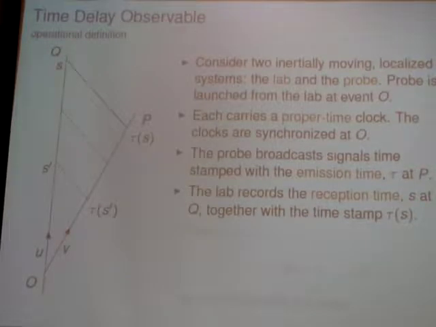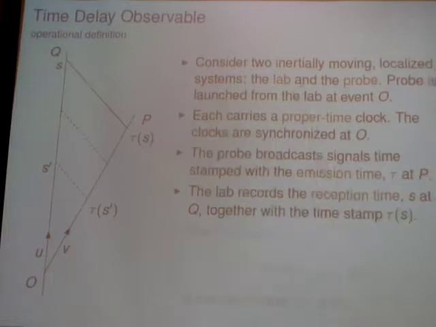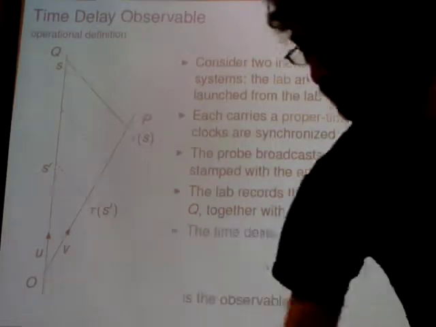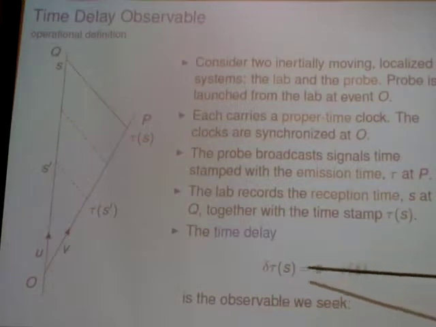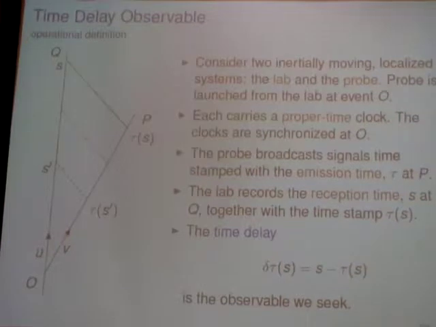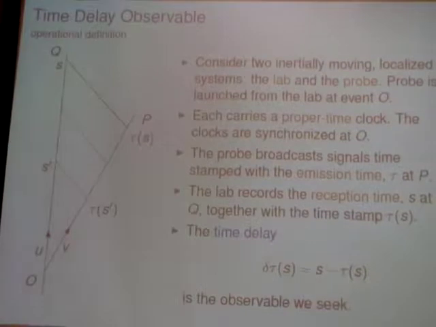So you can plot timestamp versus reception time, and you get some curve, and this curve is going to be tau of S. And what I'm interested in, what I call the time delay observable, is this difference here. I take the reception time, subtract the emission time, call this delta tau, and this is the time delay curve.